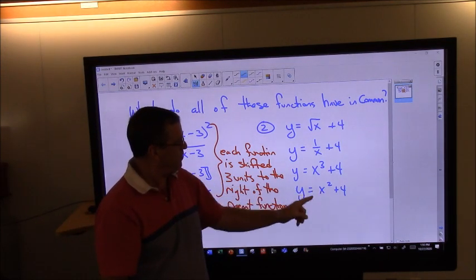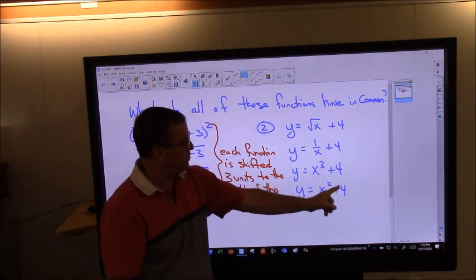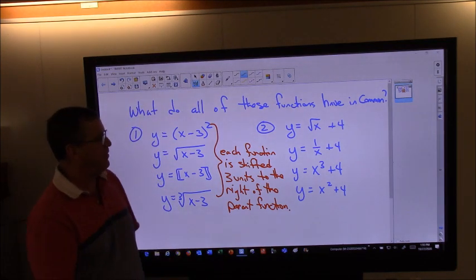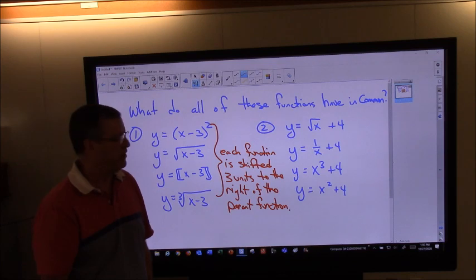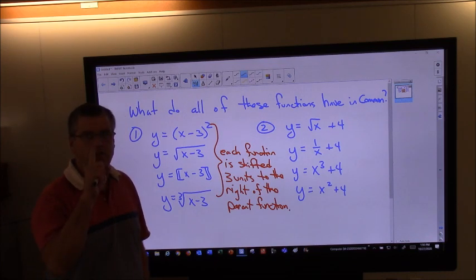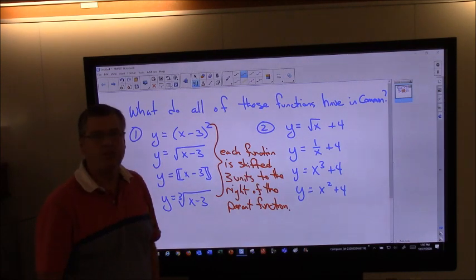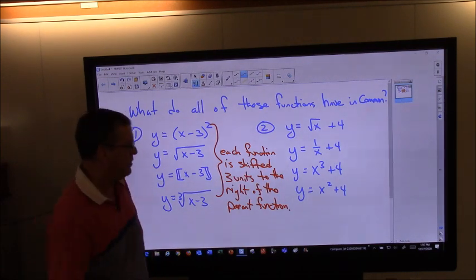So what about these four? These are all D values. Each of these has been shifted where? We should say 4 units up, right? Because the D value shifts the graph up and down.